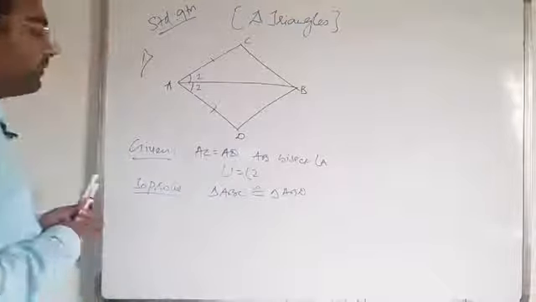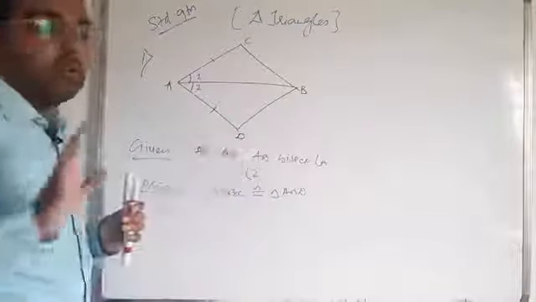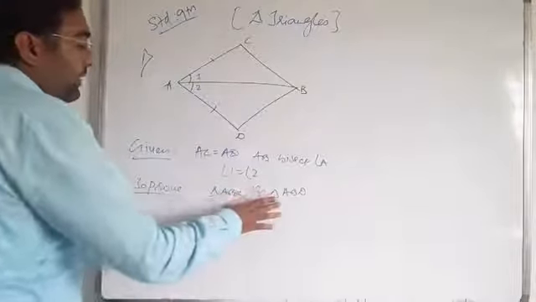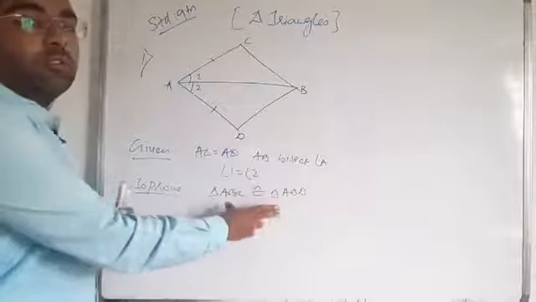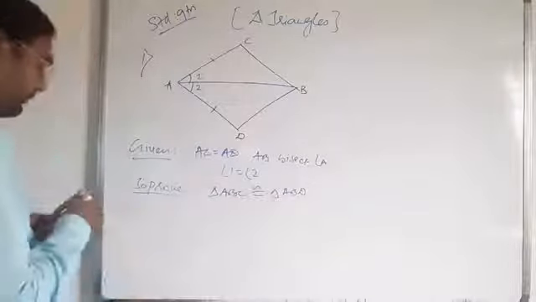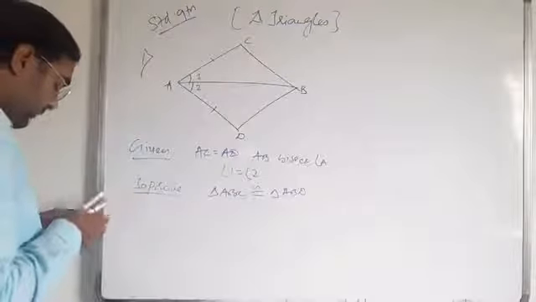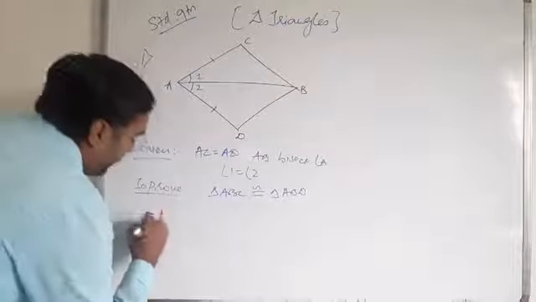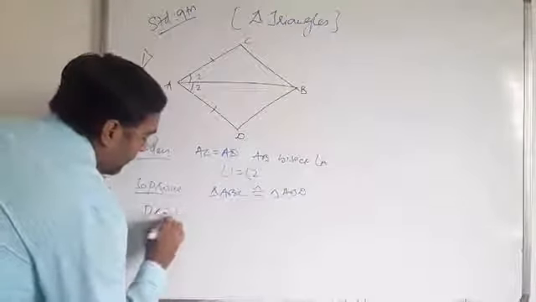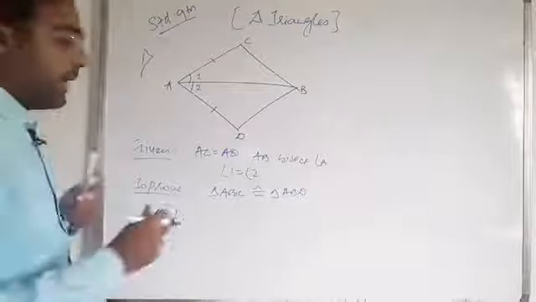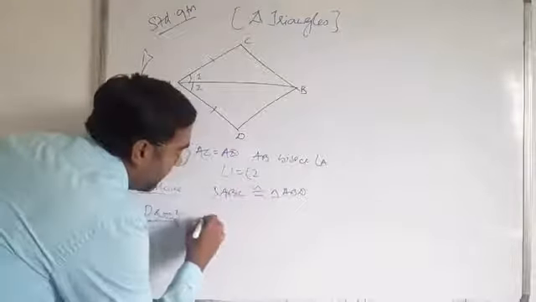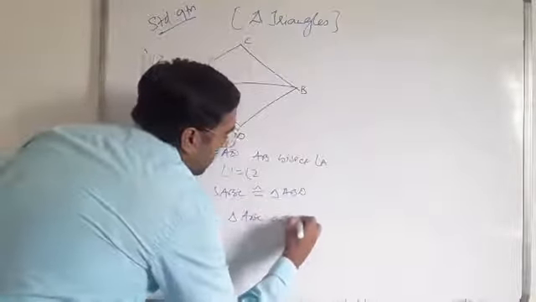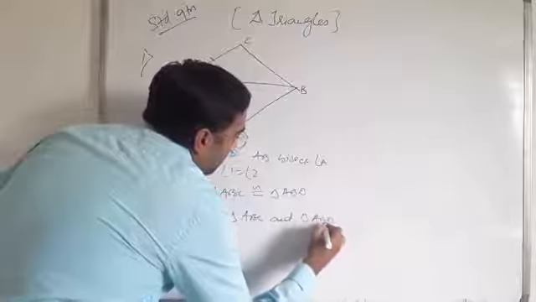So first, one thing we have in mind is that we need to prove these two triangles are congruent. Let's start to prove. In the proof we have to use these two triangles, so I'll write in triangle ABC and triangle ABD.